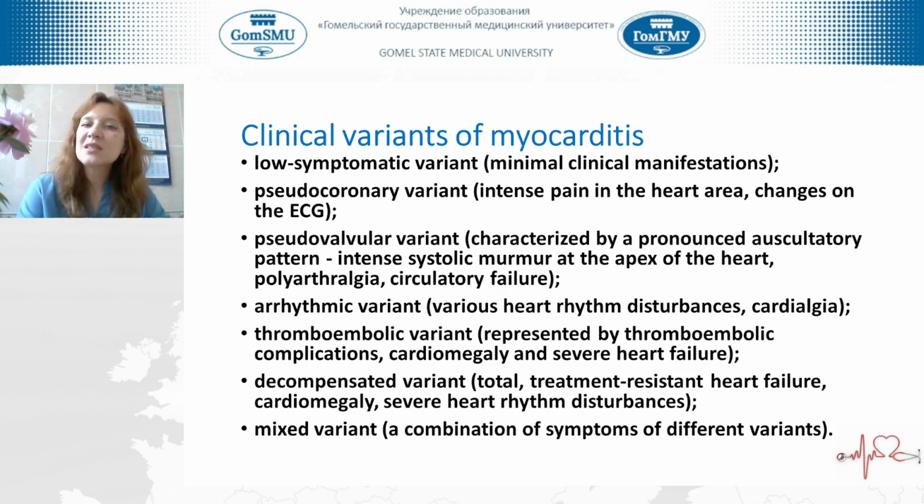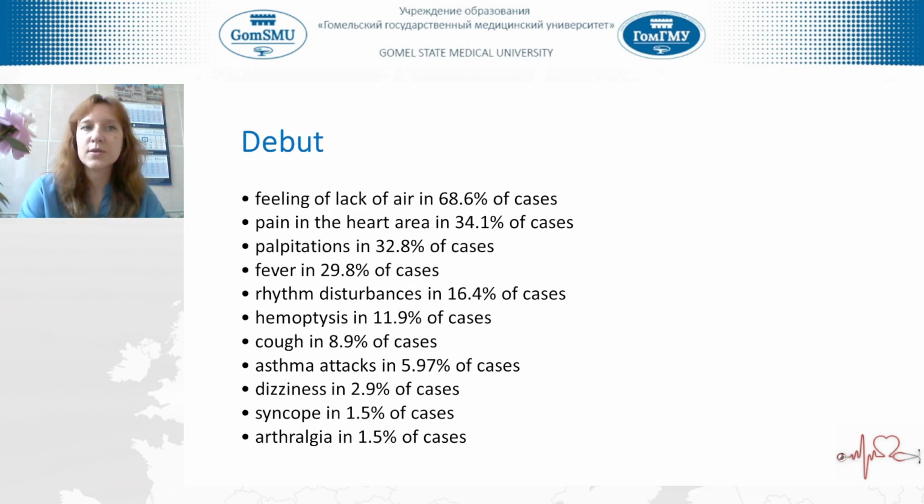Arrhythmic variant: various heart rhythm disturbances, cardialgia. Thromboembolic variant: presented by thromboembolic complications, cardiomegaly, and severe heart failure. Decompensated variant: total treatment-resistant heart failure, cardiomegaly, severe heart rhythm disturbances. And mixed variant: a combination of symptoms of different variants. So there are seven clinical variants of myocarditis.